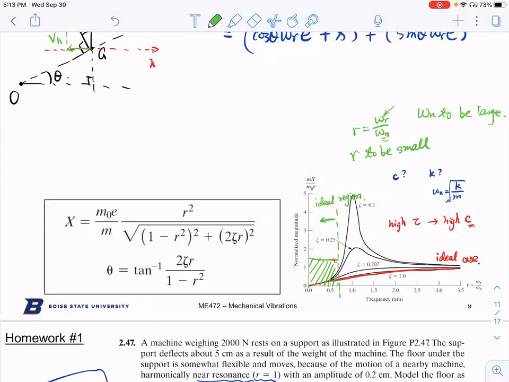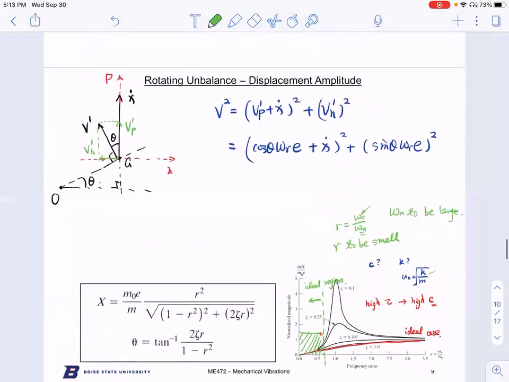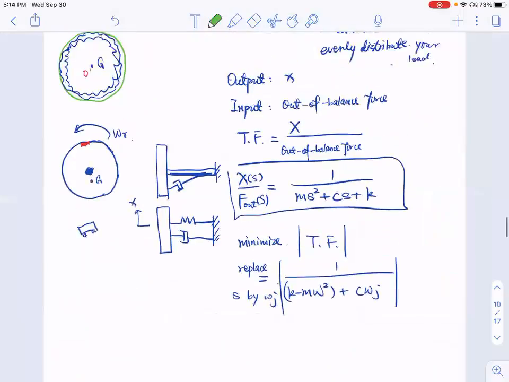You want a very stiff system. So when you design K and C, you want it to be stiff and you want it to be high damping. All right.